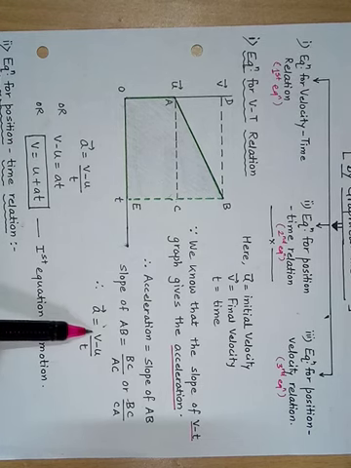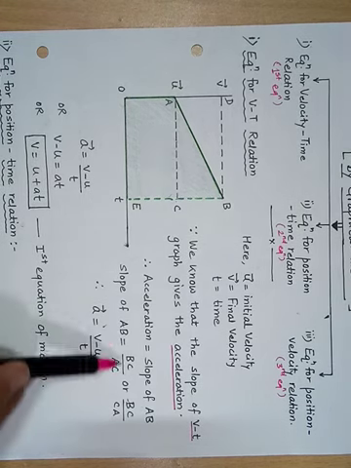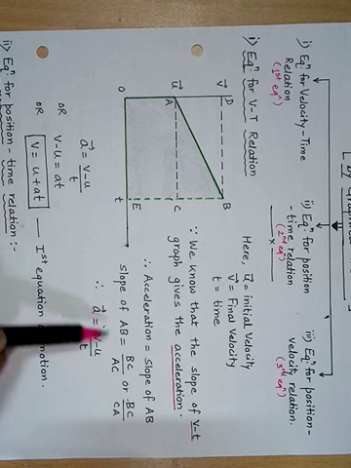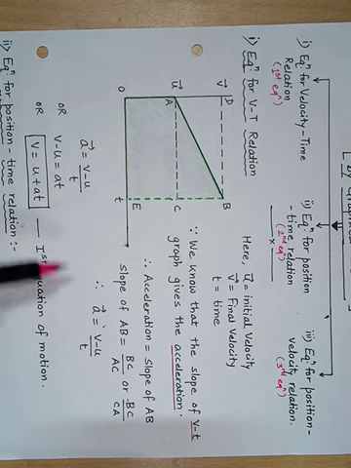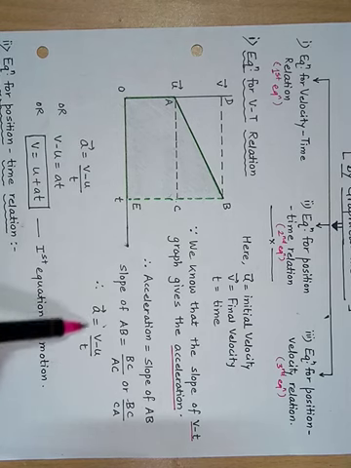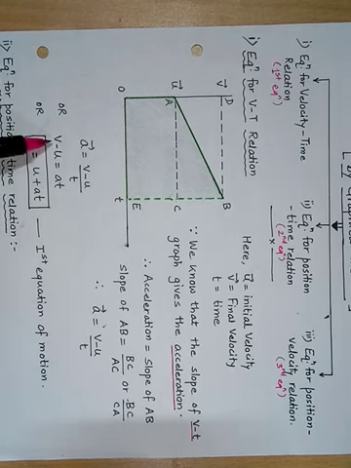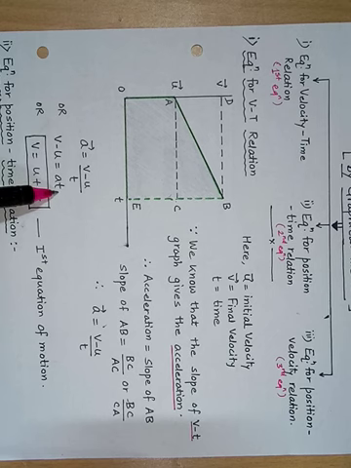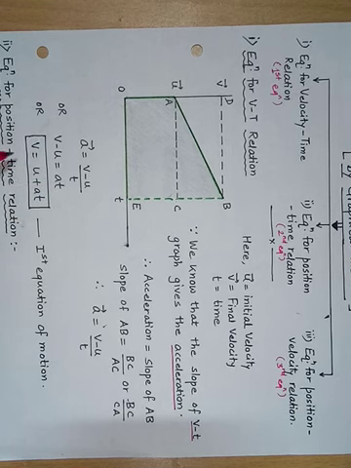I can rearrange this equation in such a way that I get v minus u on one side and at on the other side. If I cross multiply these two terms, I get v minus u is equal to at. Now if I write this in terms of velocity, I take u to the other side, and this minus u becomes plus, so v is equal to u plus at.